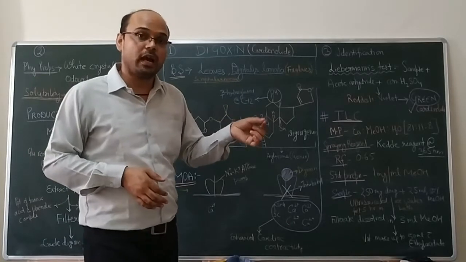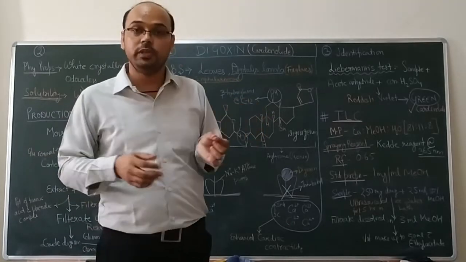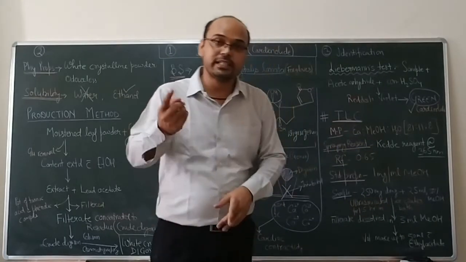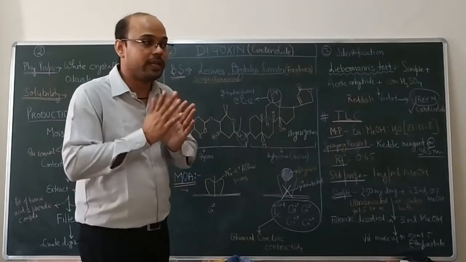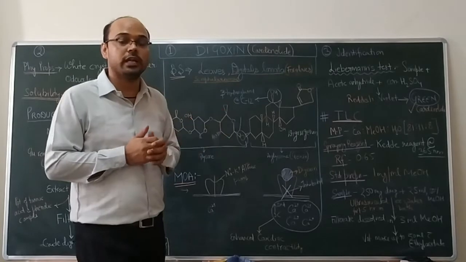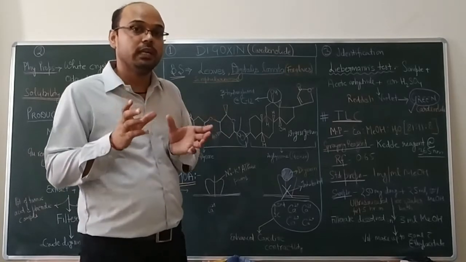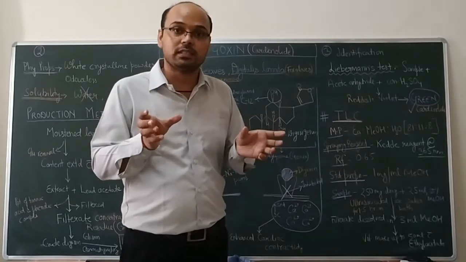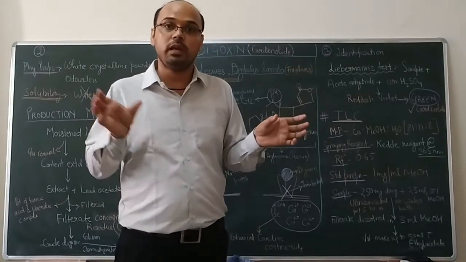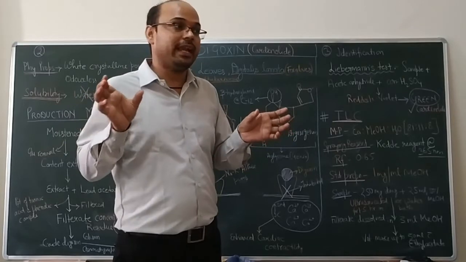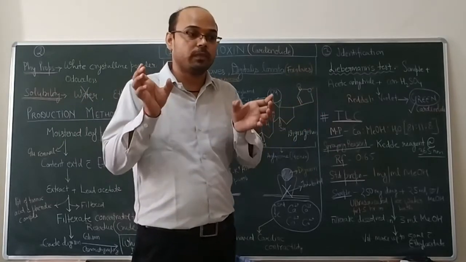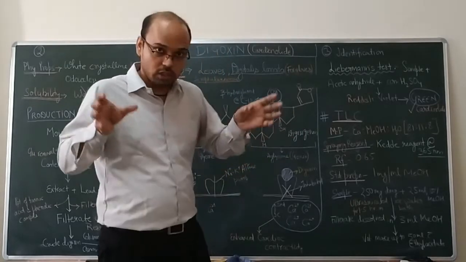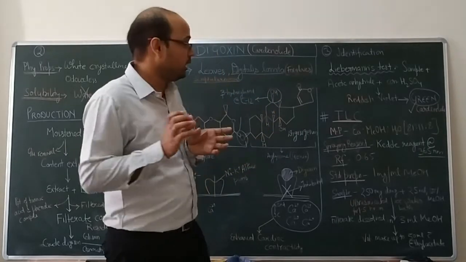After air drying, we use the spray reagent, which is called Kedde reagent. Kedde reagent is a very important reagent in the case of cardenolides, because it can differentiate between bufadienolides and cardenolides, and they both are cardiac glycosides.